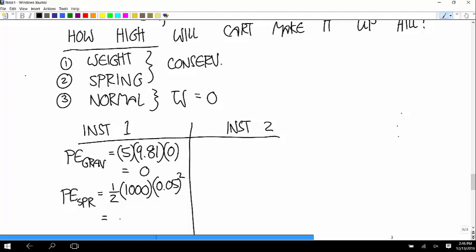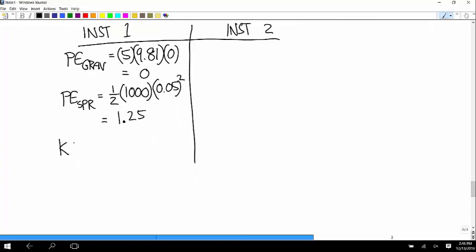So that is 12.5. And then the kinetic energy: when you release it, you're just holding it there, so it doesn't have any speed at the instant you let go of the plunger. So the kinetic energy is 1/2 times the mass times 0 squared, so 0. Anytime something's at rest, it has 0 kinetic energy.